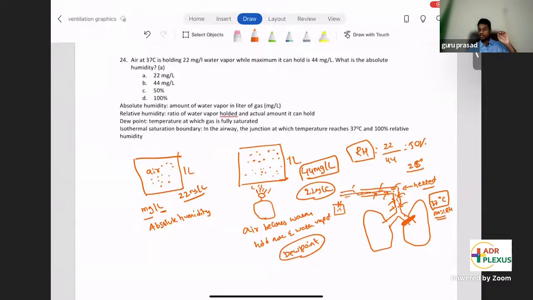This dry air, by the time it reaches 37 degrees, has to go more deep into the lungs. So the isothermal saturation boundary can go into the lung level. The more down the isothermal saturation boundary, the more damage to the lung will happen. So that is why it is important. Whenever you ventilate, you will have to give heated humidified air to the baby.